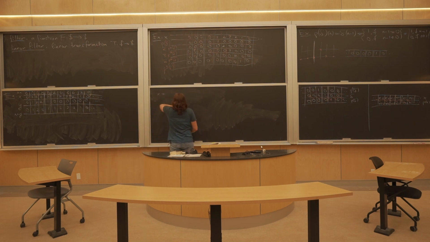So x equals rho of delta plus 2 times rho squared of delta plus 3 times rho cubed of delta plus 2 times rho to the 4 of delta plus rho to the 5 of delta. I wrote my signal x as a linear combination of shifts, right shifts, of the unit impulse signal.